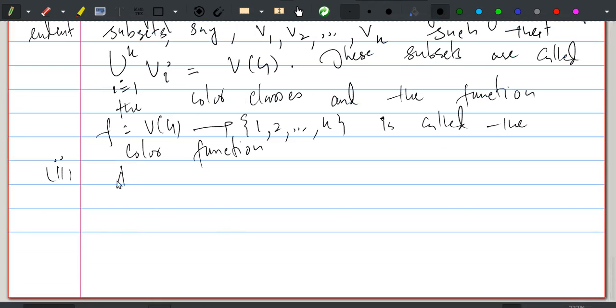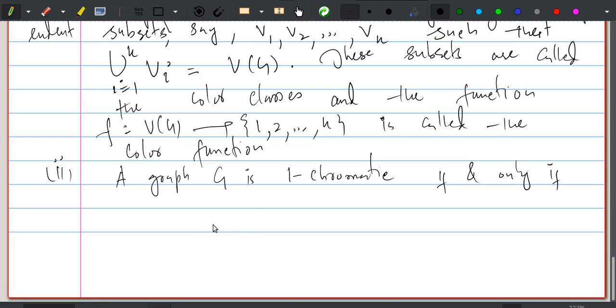So a graph G is one chromatic if and only if it is totally disconnected. By this term I mean a graph having no edge.